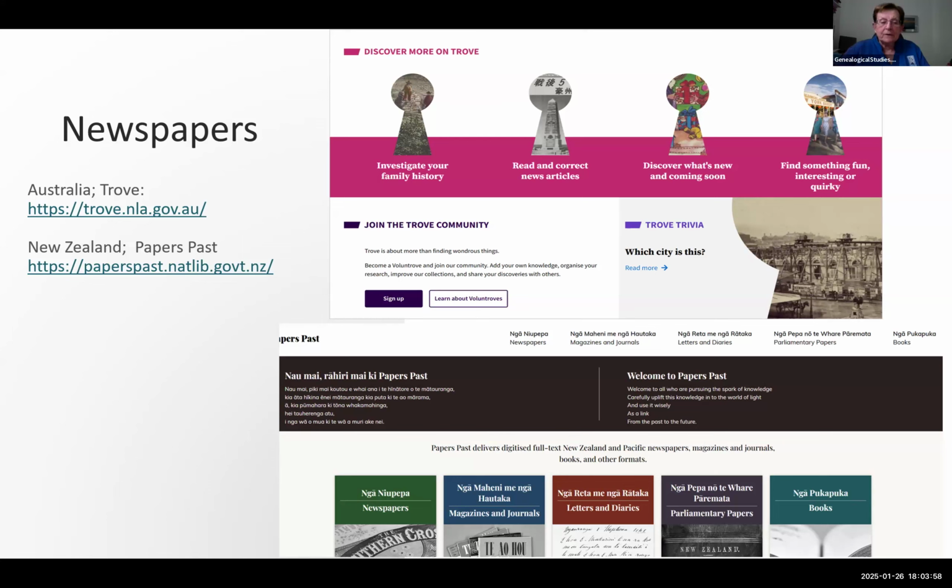In New Zealand, you have the website Papers Past. Again, via the National Library of New Zealand, you have all of the newspapers of New Zealand being digitised. So a lot of information can come from those newspapers.